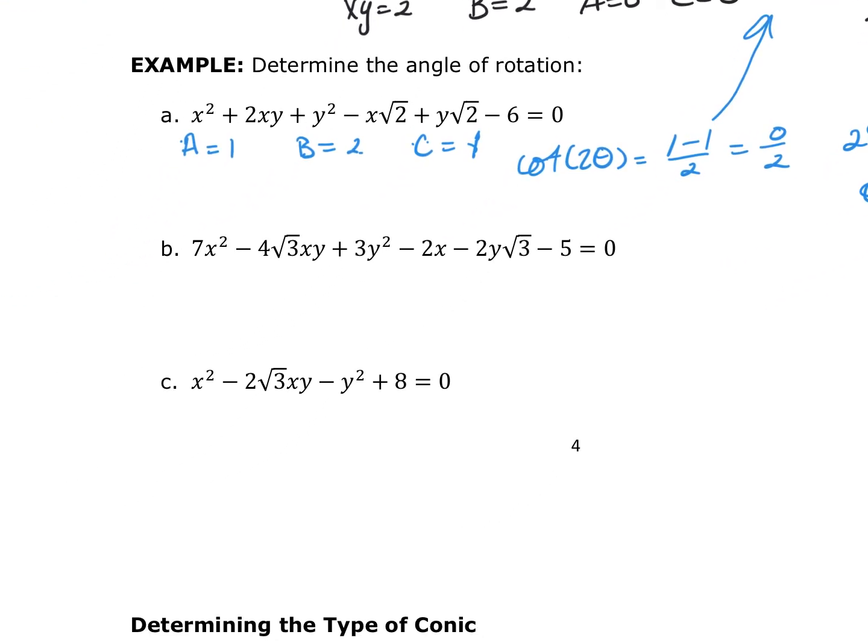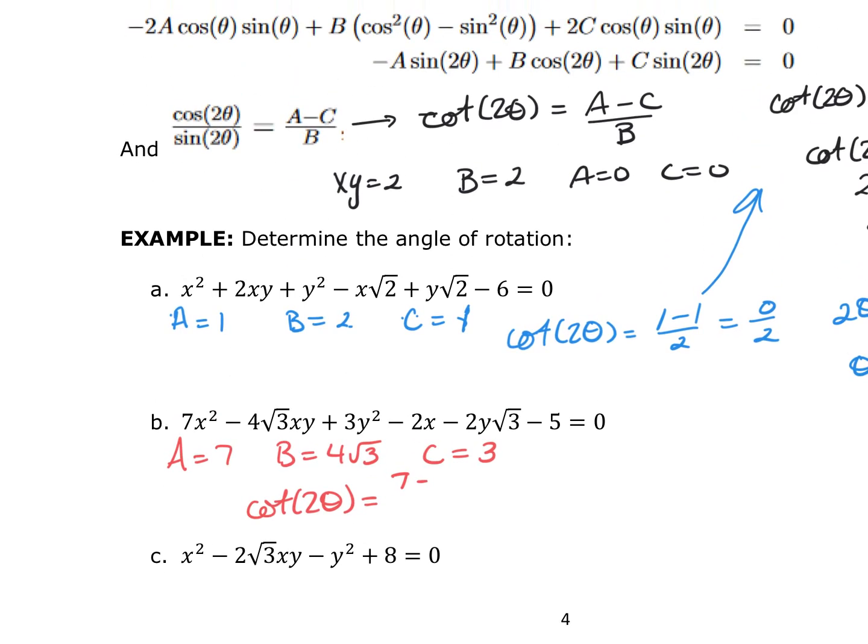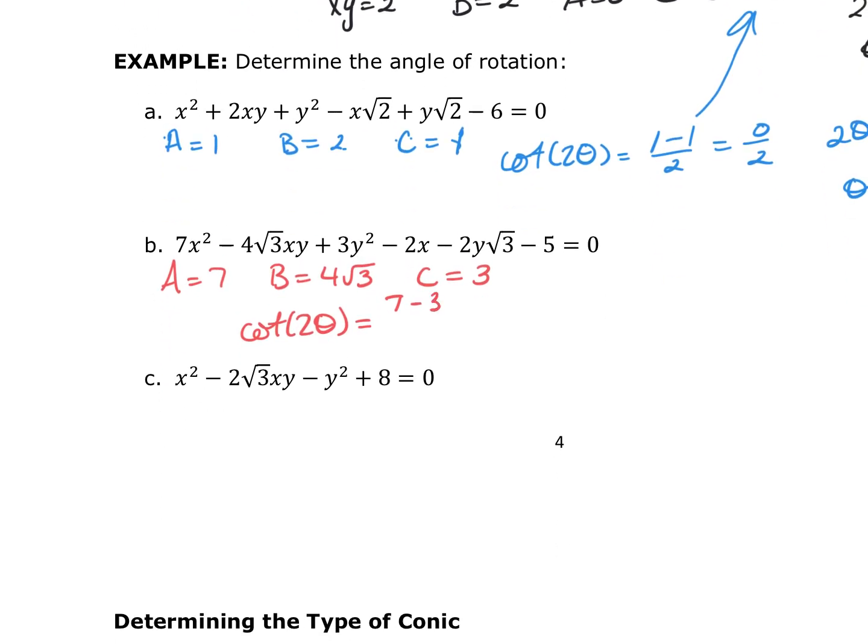That means my theta, my angle of rotation, is pi over 4. Let's do another example. So here my a is 7, my b is 4 square root of 3, and my c is 3. So the cotangent of 2 theta is going to be a minus c, 7 minus 3, over 4 square root of 3.